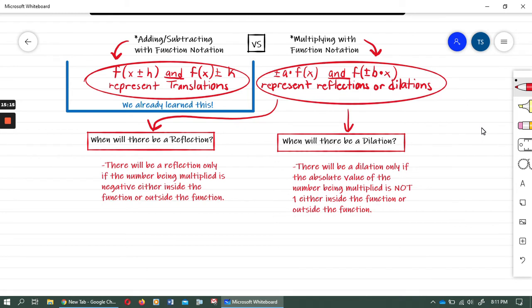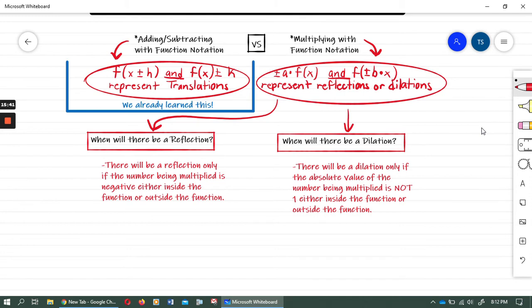Think about what happens if you multiply a value times 1. What happens to that value if you multiply it times 1? Is it going to change, or is it going to stay the same? If you multiply something times 1.